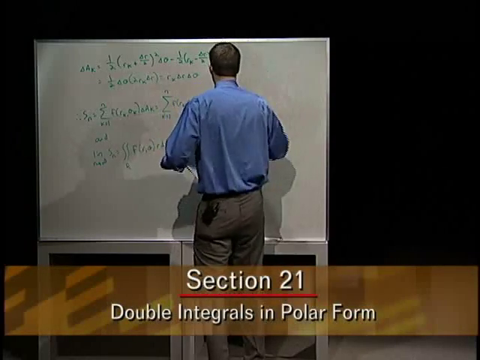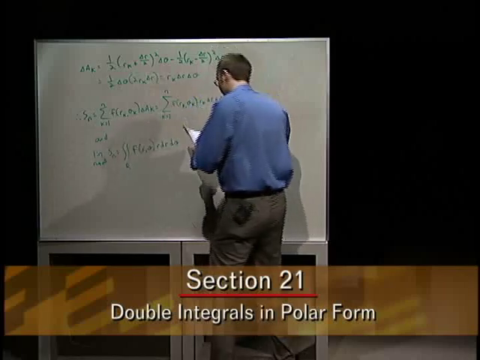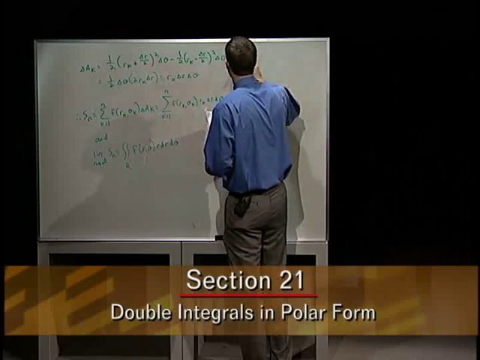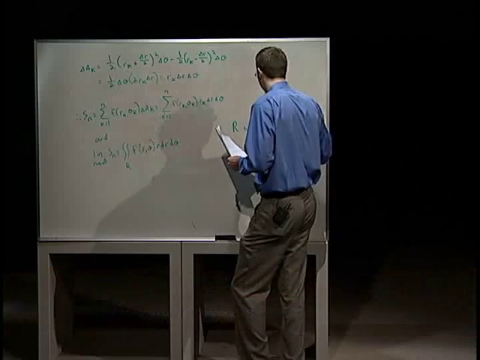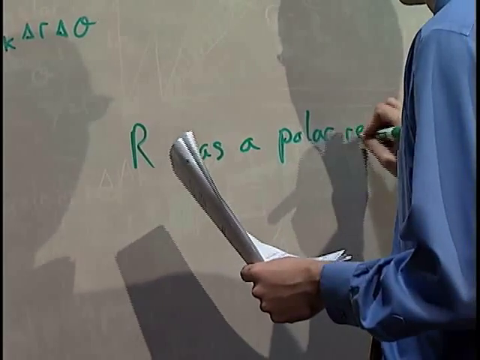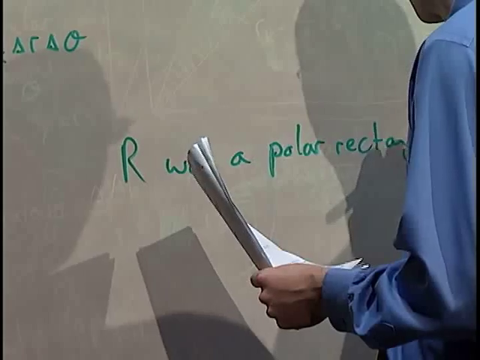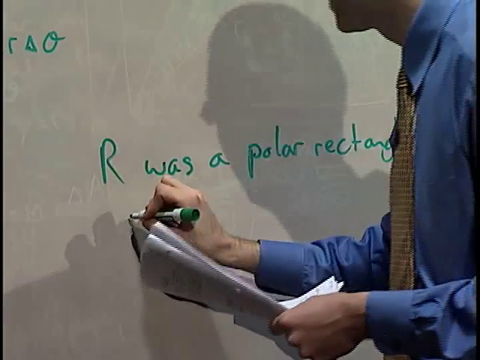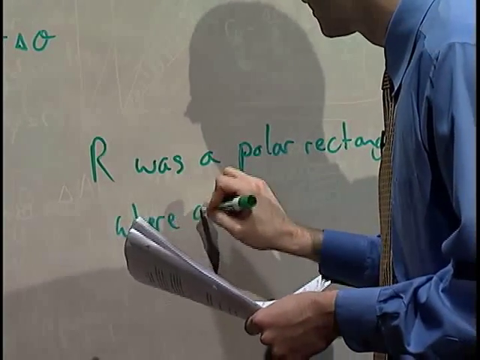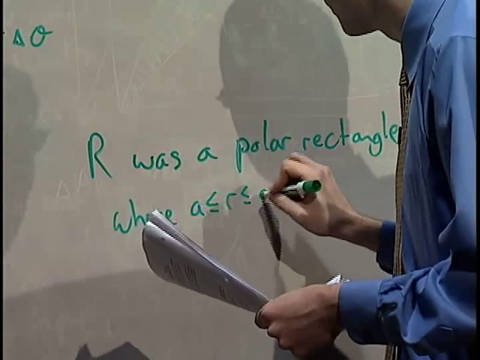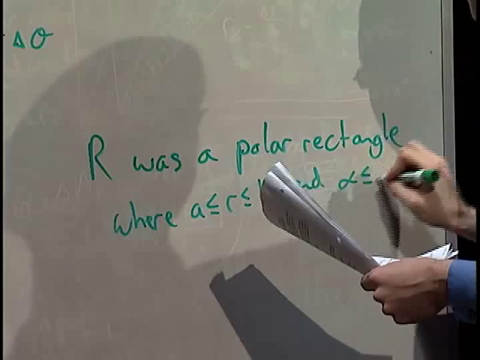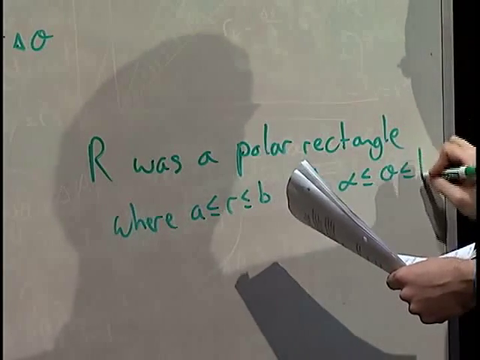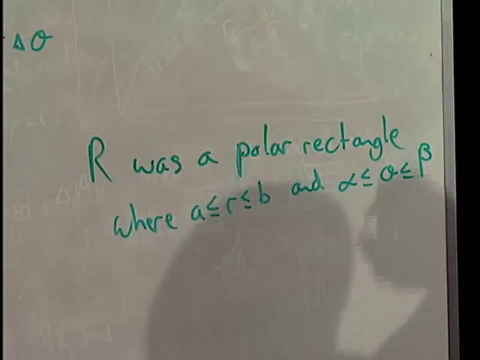All right, so we're through all the theory more or less. And so remember, our big region R was that big polar rectangle where a was less than r was less than or equal to b, and alpha was less than theta was less than or equal to beta.